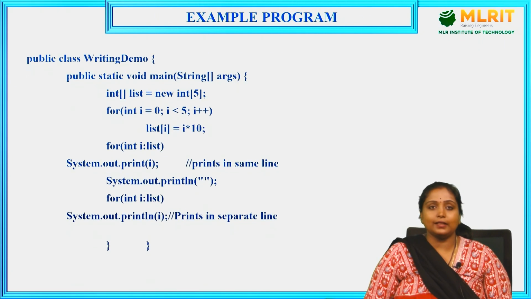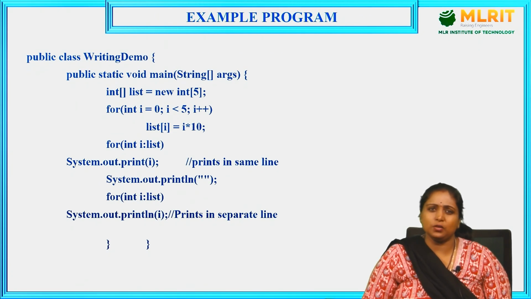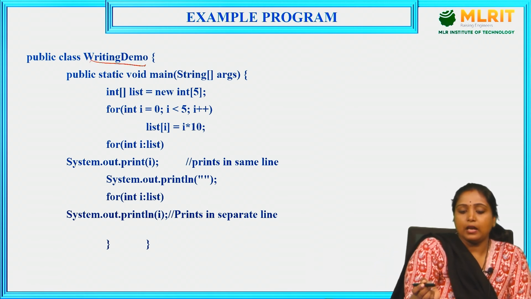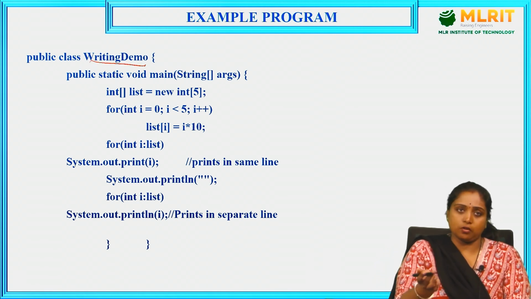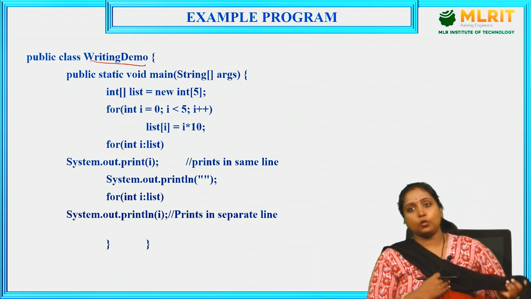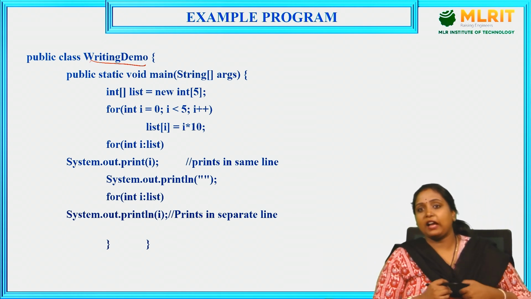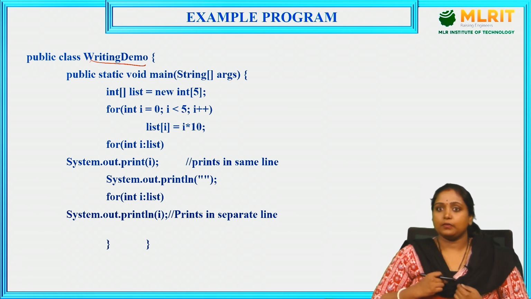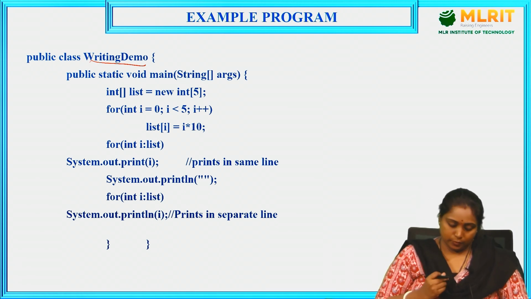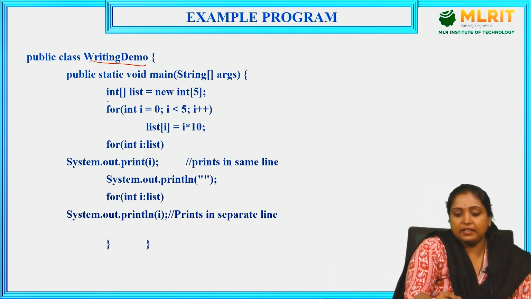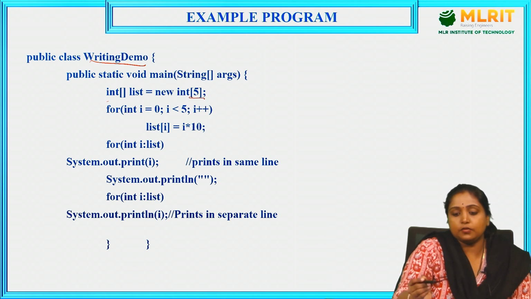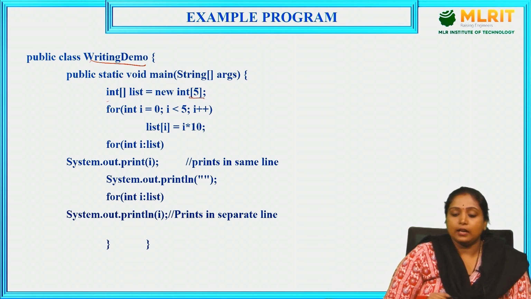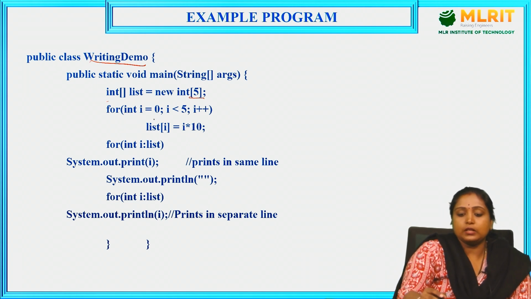So here is an example program for that. We already know this, but I just want to show it. In order to use System.out.println, we only need the java.lang package, which is automatically imported. Here I am taking an integer array called list.